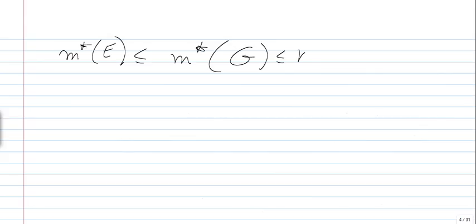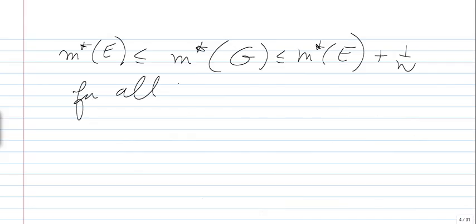Therefore, the outer measure of E is less than or equal to the outer measure of G, which is less than or equal to the outer measure of E plus 1 over n for all n. Obviously, this implies that the outer measure of E is equal to the outer measure of G.